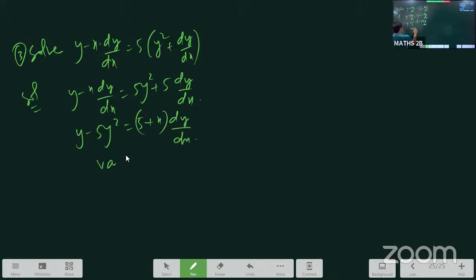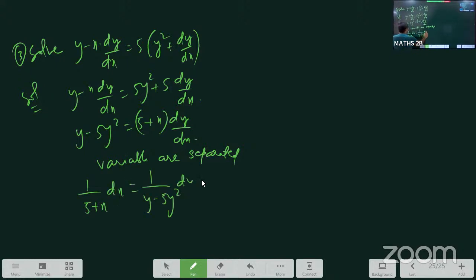Again, variables are separated. Variables are separated means here dy and dx cannot be in denominator. So bring this y minus 5y square to that side and dx to this side, and 5 plus x, that is 1 by 5 plus x dx equals 1 by y minus 5y square dy.